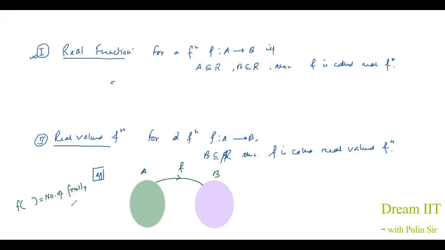That means here we'll be getting families. If F1, F2, F3 are families, and I want to relate them with some numbers that will tell you the family members, right? Now you can see every family will have some members, so it is definitely a function. But these families are not a subset of real numbers, while the outputs are real numbers. So it is a real valued function, right?